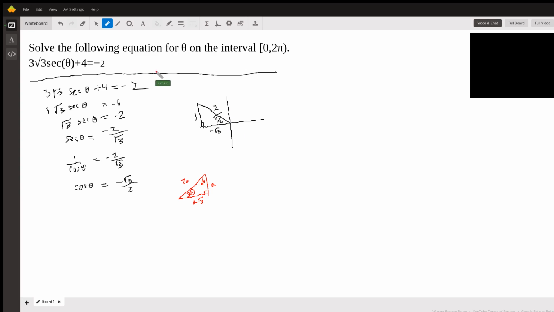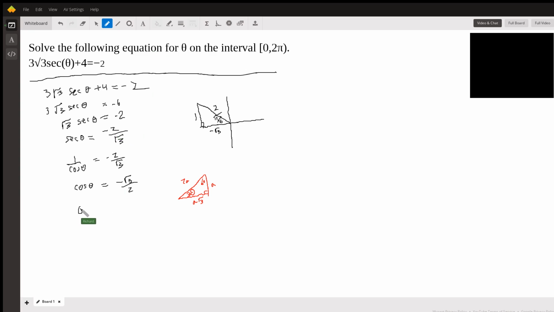So the angle in the third quadrant can also be negative. The cosine could be -√3 over 2, but there's a restriction, let me show you why we can't have two answers here.